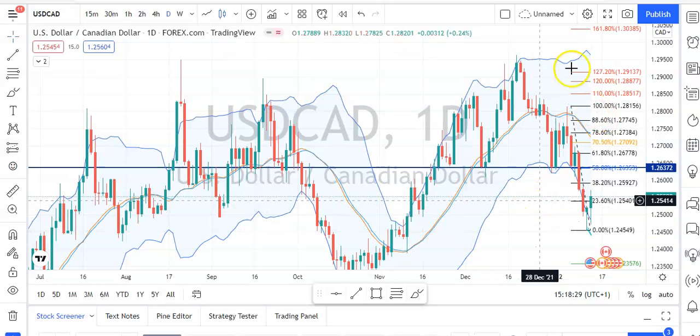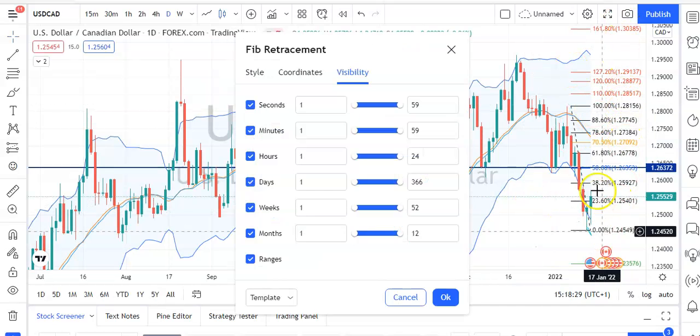So let's say that judging from this now, price is a bit above the 23.6 Fibonacci retracement. Okay, it's heading towards a 30.2. Okay, so let's see what we can gather here.